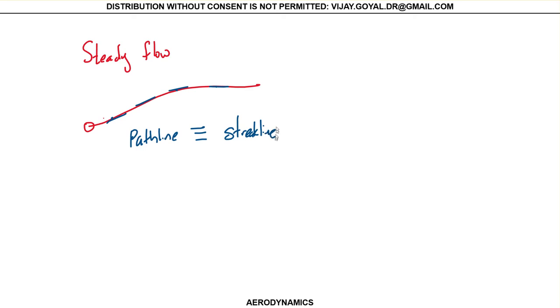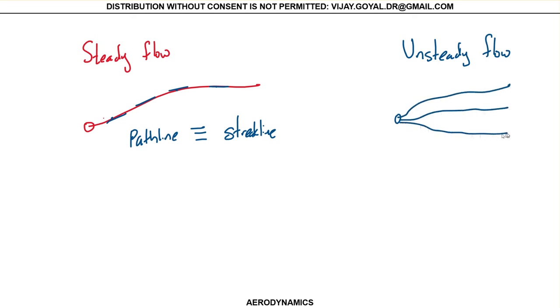Okay. Now, for the case of unsteady flow, when the flow is unsteady, you see you have lots of different path lines. Let me change the colors for a moment.